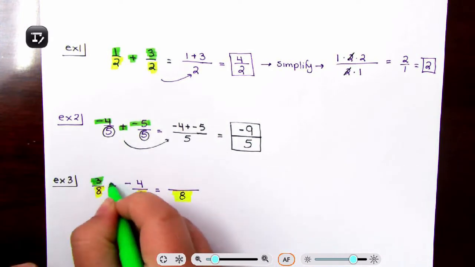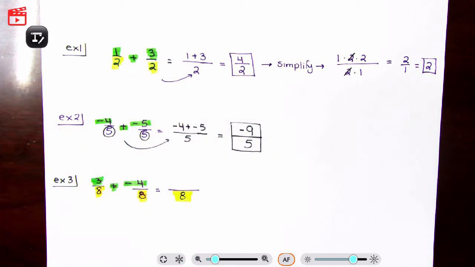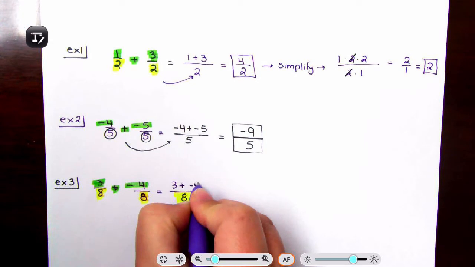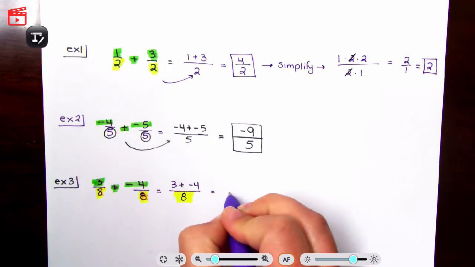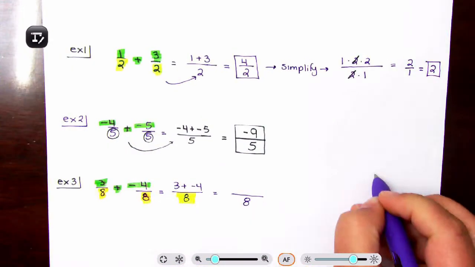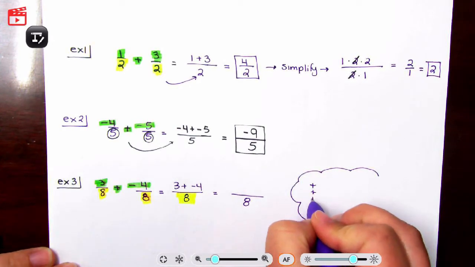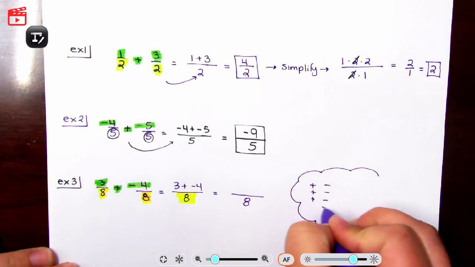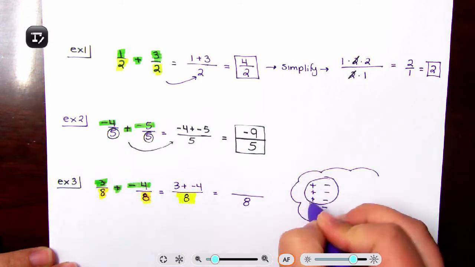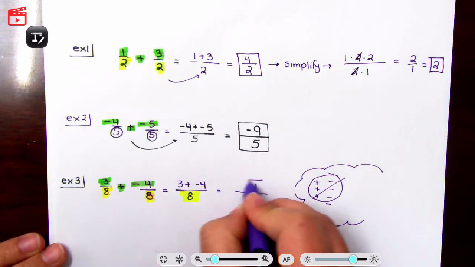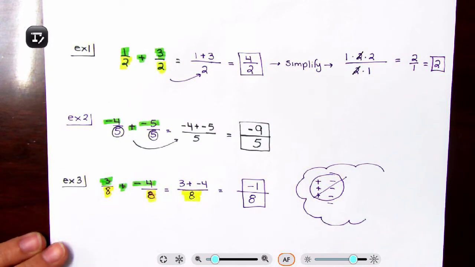You have 3 plus -4. Here's my thinking bubble. I have 3 pluses and I have 4 minuses. I have 3 zero pairs, so that means I'm left over with a -1. So I have -1/8 as my answer.